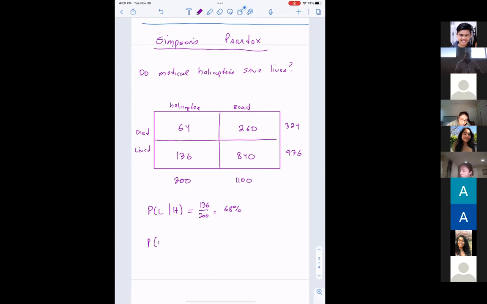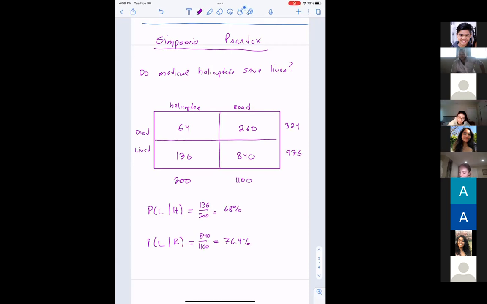And what's the probability that they lived when they went by the road? 840 out of 1,100, which was approximately, when I did my calculator, 76.4%. Certainly seems that a person has a better chance of living when they go by road than when they go by helicopter.